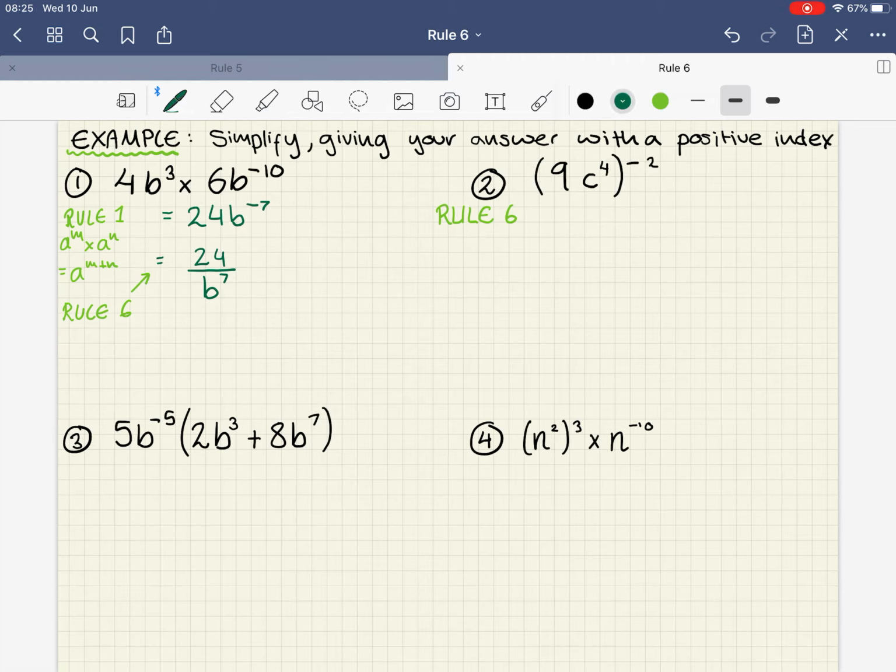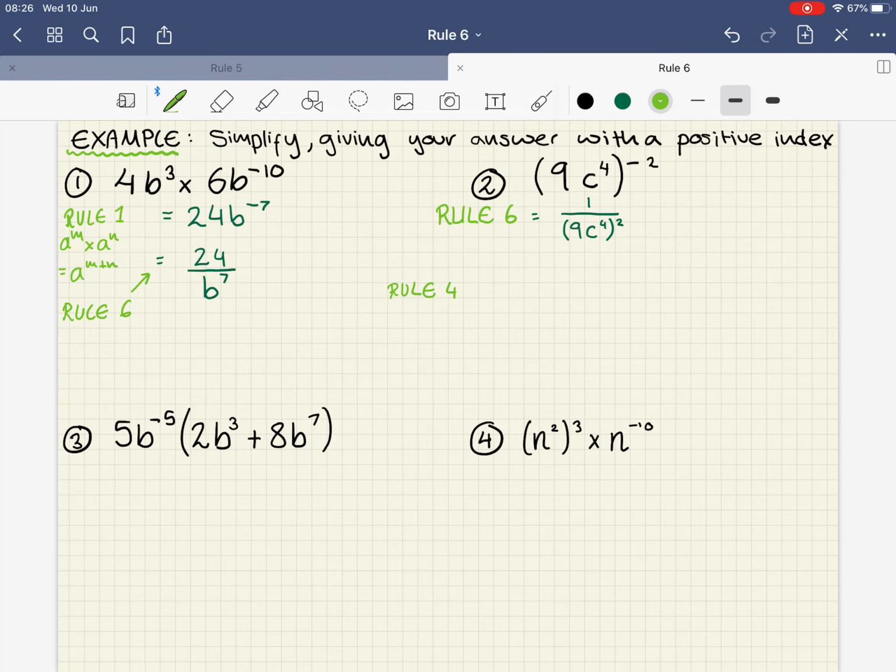So by doing that, this whole thing is in brackets. That means that whole thing is being affected by that negative 2. So it's going to turn into 1 over 9c to the power 4 all squared. And then at this point here, I now need to use my rule 4.